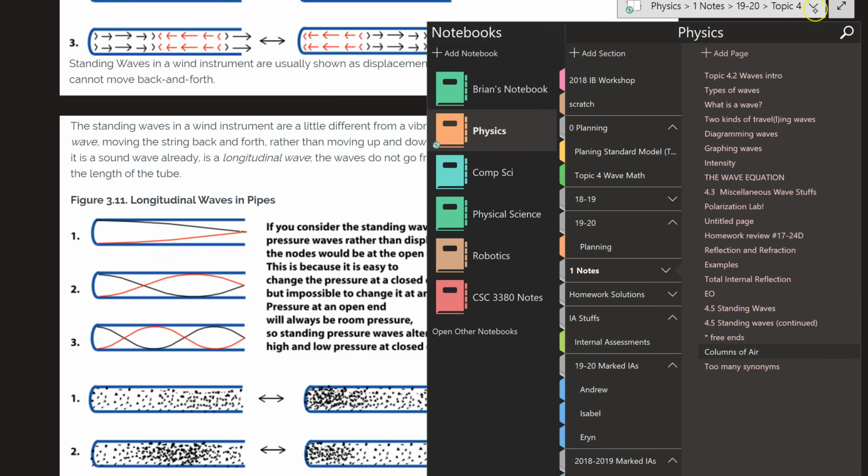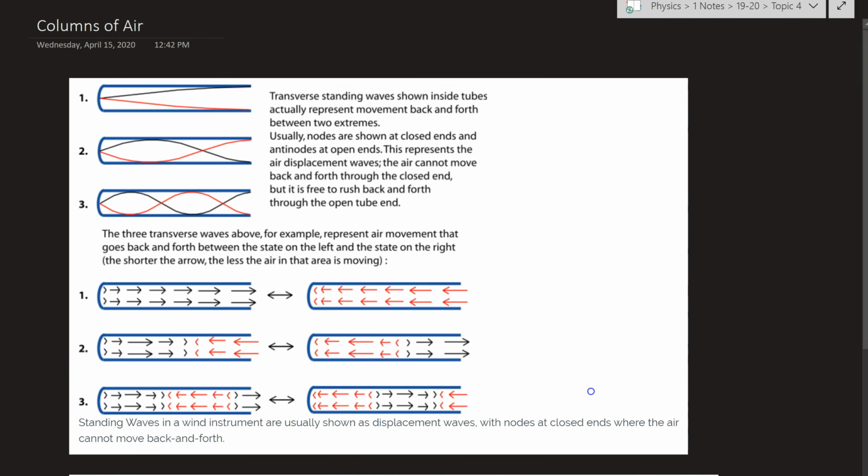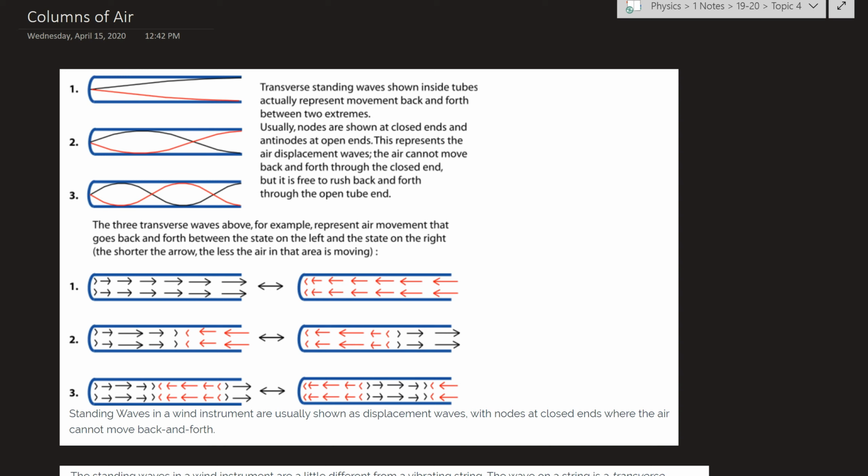Okay. So I had mentioned columns of air earlier. Being able to visualize the standing wave patterns on strings really helps you understand what's going on in wind instruments, or instruments that use air to create standing sound waves.